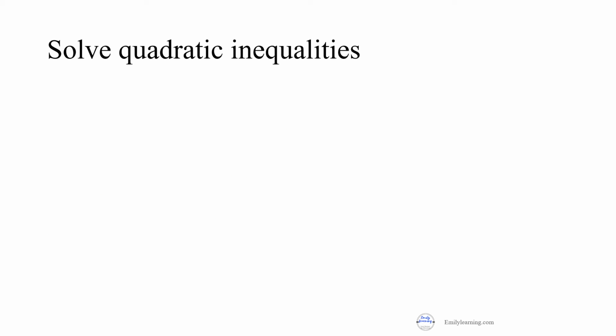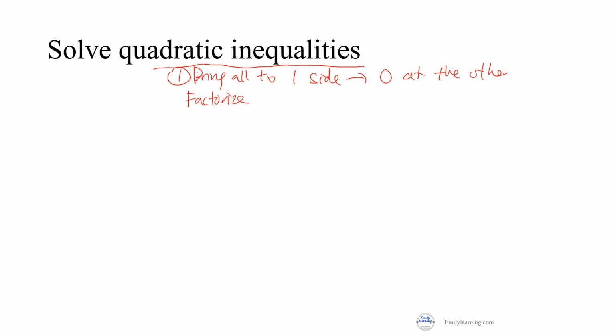Then finally we learn about solving quadratic inequalities. When you solve quadratic inequalities, firstly you need to bring everything to one side, so that you have a 0 at the other side of the inequality.